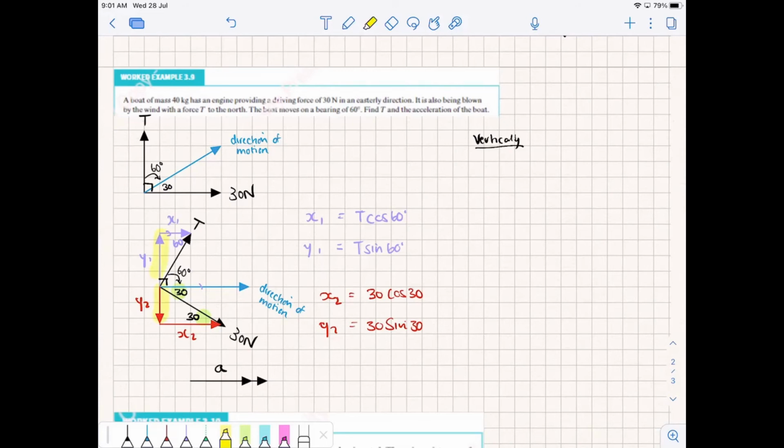They're acting in opposite directions, and because they're perpendicular to the acceleration, their net force must be zero, and so they must be equal to each other. They must have the same magnitude. So my vertical forces are T sine 60 and 30 sine 30.